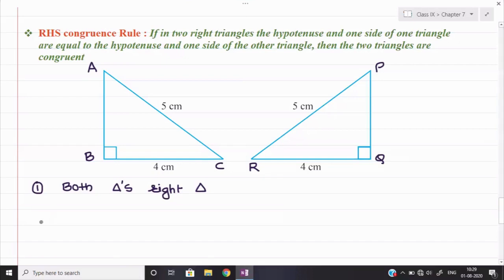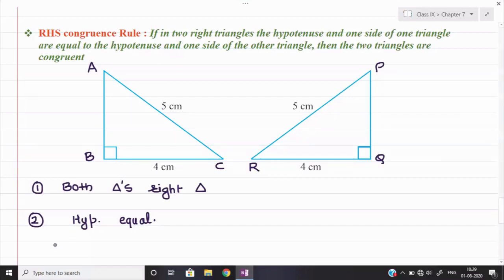The second condition is that their hypotenuse should be equal. Observe in both triangles, who is the hypotenuse? In a right angle triangle, the side opposite to the angle of 90 degrees is called the hypotenuse. So in triangle ABC, AC will be the hypotenuse, and in triangle PQR, PR is the hypotenuse. So observe in the figure, AC and PR are given equal to us.